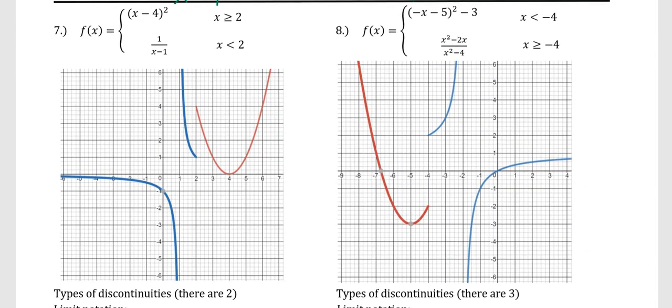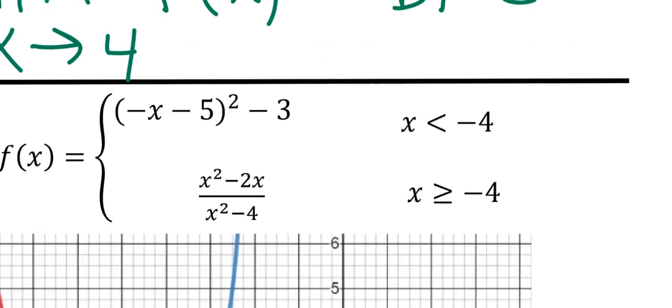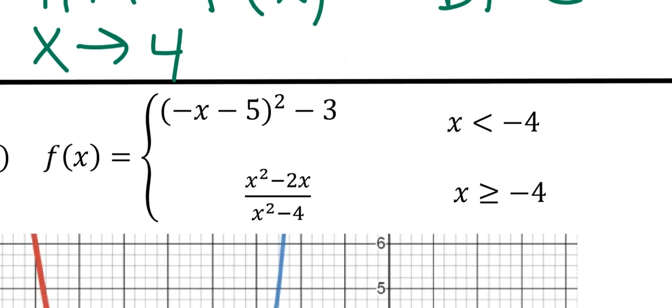I will tell you on number 8, there are 3 points of discontinuity, and you might want to write those equations down just for fun. Yeah, that'd be good. Especially the second one. First one's kind of boring, but the second one, that's interesting.